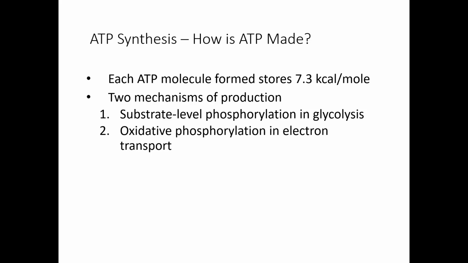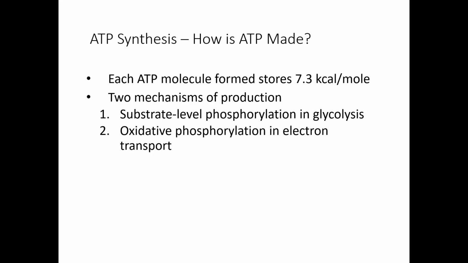Substrate level phosphorylation takes place in glycolysis on glucose. It doesn't use oxygen. Remember, glycolysis is oxygen free. It's anaerobic. Substrate level phosphorylation, glycolysis only. Not a big payoff either.